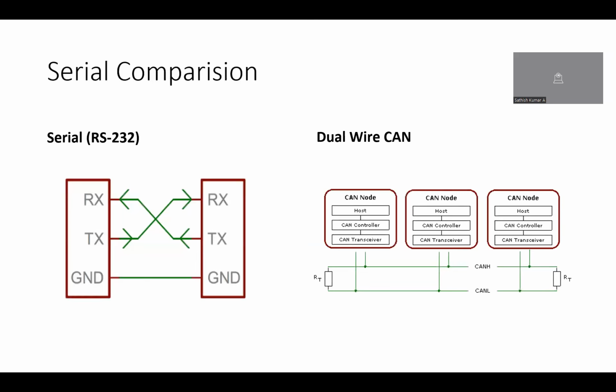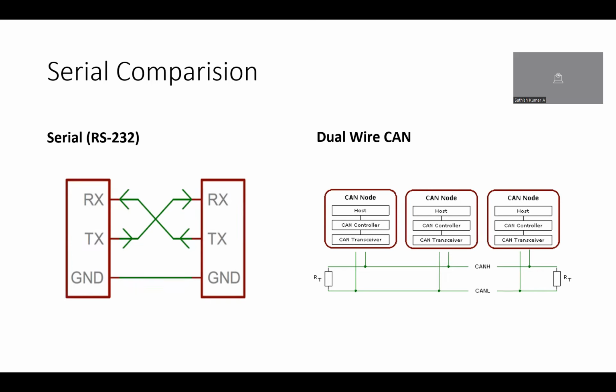Now how the connections are given. RX is the receiver end and TX is the transmission end. For node A, the RX has to be connected to the TX of node B, and the TX of node A to the RX of node B, and the ground cable is connected.